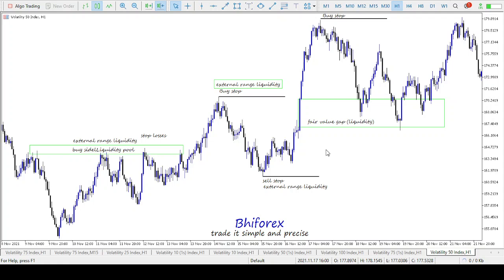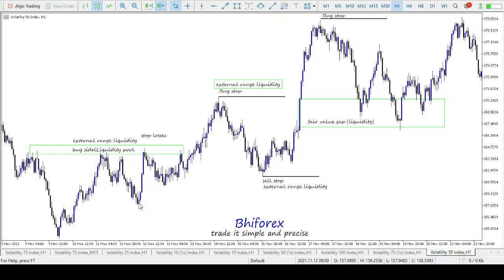Just understand internal liquidity, be able to identify it, be able to identify the buy stop, when price forms a liquidity pool, and so on and so forth. So lastly, before this particular session comes to an end, whenever you have a buy side liquidity pool and you do not have a market structure break, they are going to come for that buy side liquidity. They are going to come for the stop losses. Take that from me.